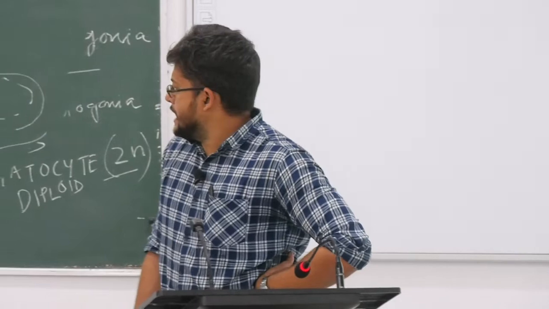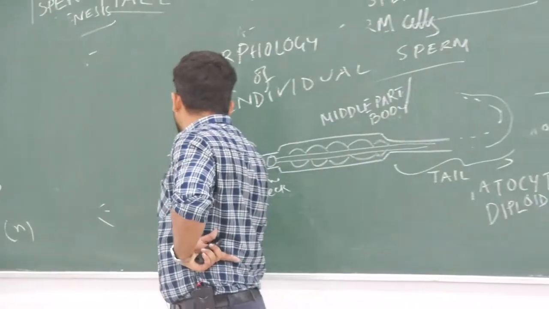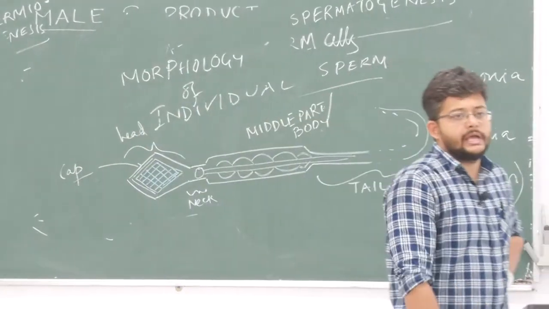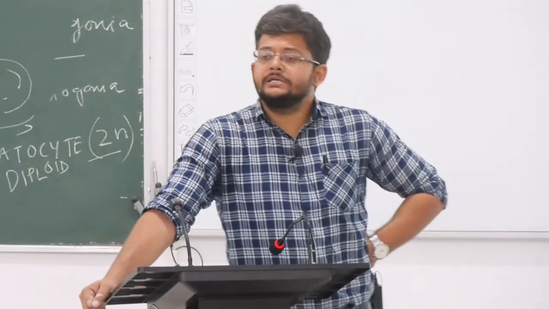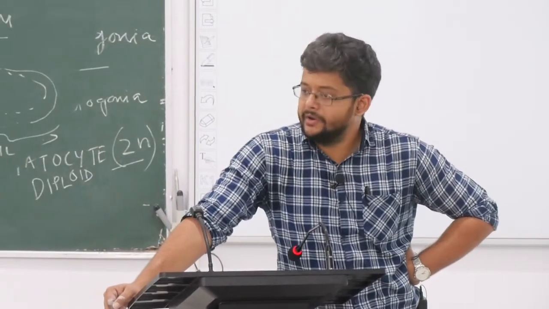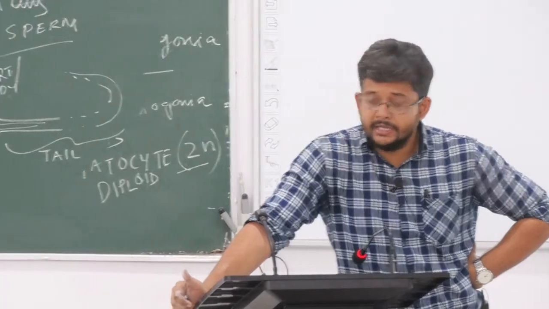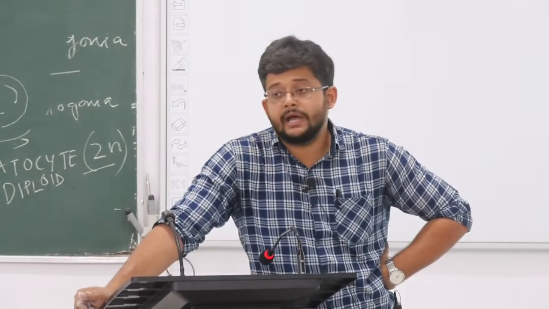In front of that we have a specific cap, the acrosomal cap, which is responsible for the acrosomal reaction. What is the acrosomal reaction? It helps to penetrate the ova. Because this cap contains some enzymes, the acrosomal reaction can happen and it can penetrate the ova.